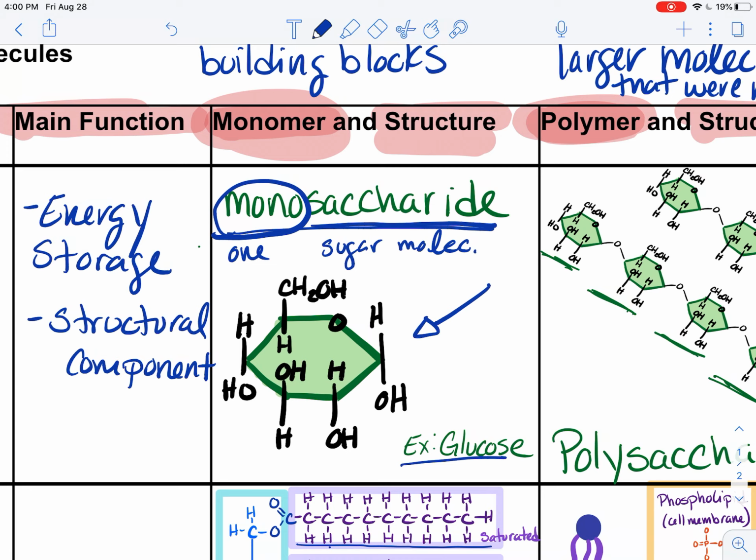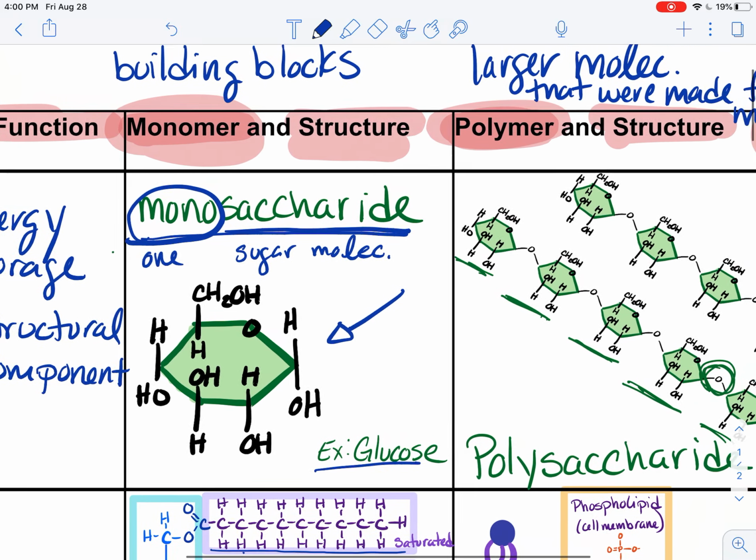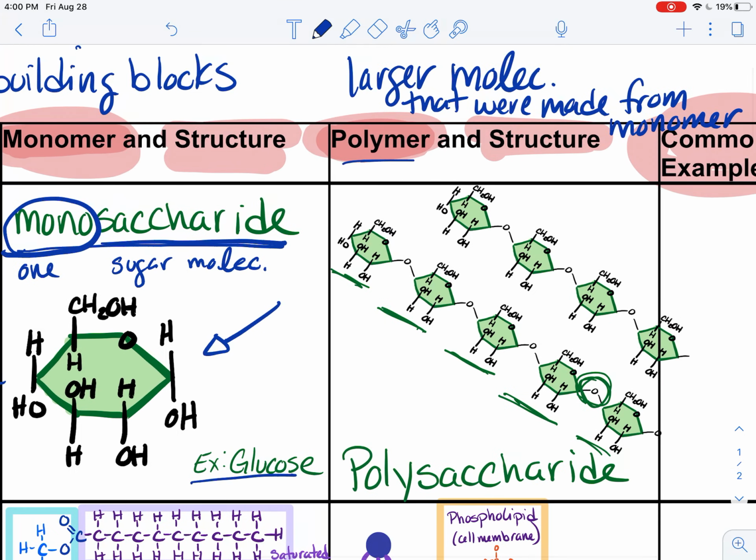Now, once we have a single saccharide, they can start to bond together and form a polymer. Or in our case, because we're talking about carbohydrates, it forms what is called a polysaccharide, which just means many sugar molecules. So you'll see here I basically have a whole bunch of glucose, all bonded together right here at these oxygens.